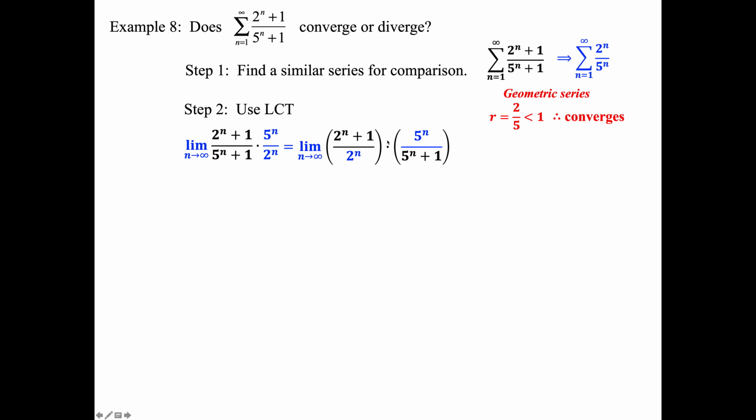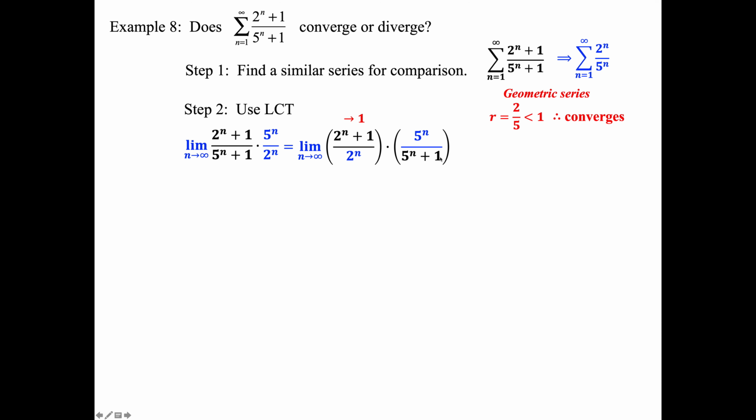Now, this is one of our identities for limits that says you can find the limit of each one of these separately and find out what their limits are and multiply them together. Well, this is going to be approaching 1. The top is going to be just 1 unit bigger than the bottom, so we're always going to be approaching 1. And the same thing over here.